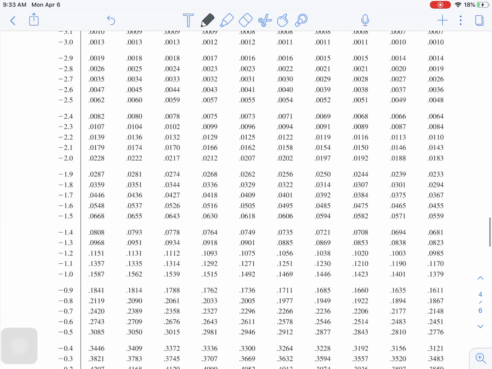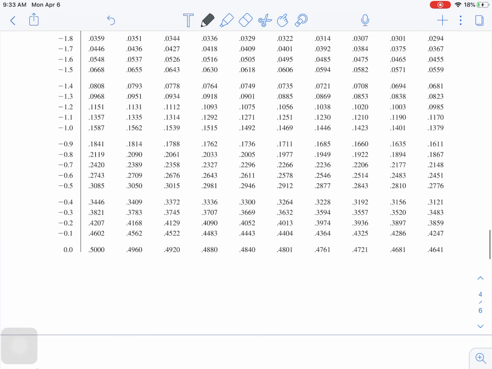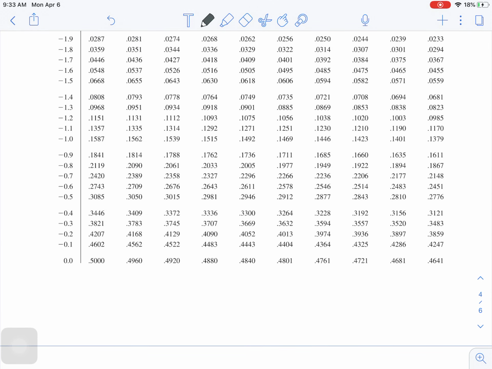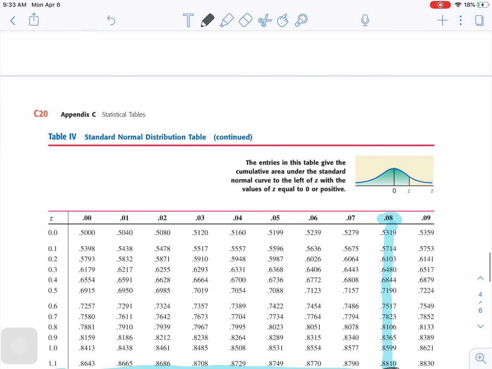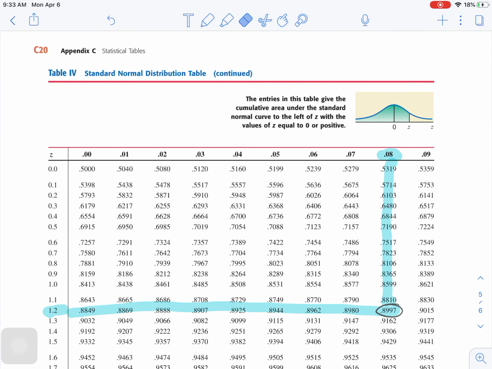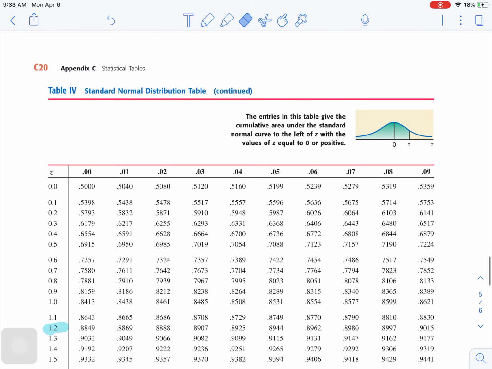So let's go look in my table for 0.46, or as close as we can get to that number. I have 0.4641 here. See if I can get any closer. 0.46. So, nope.